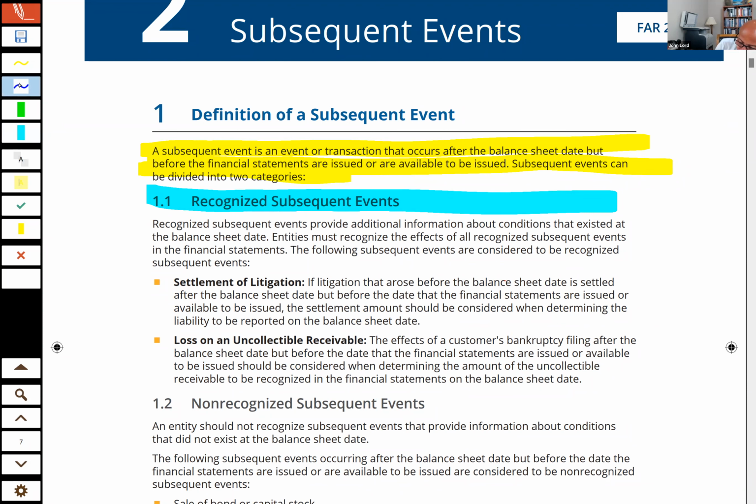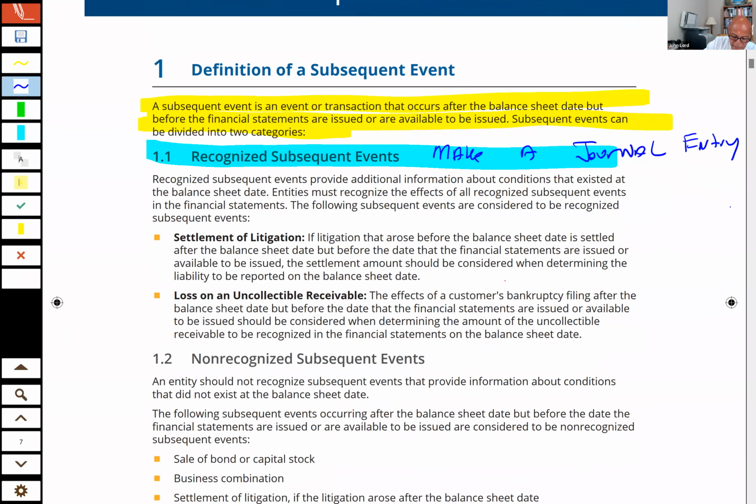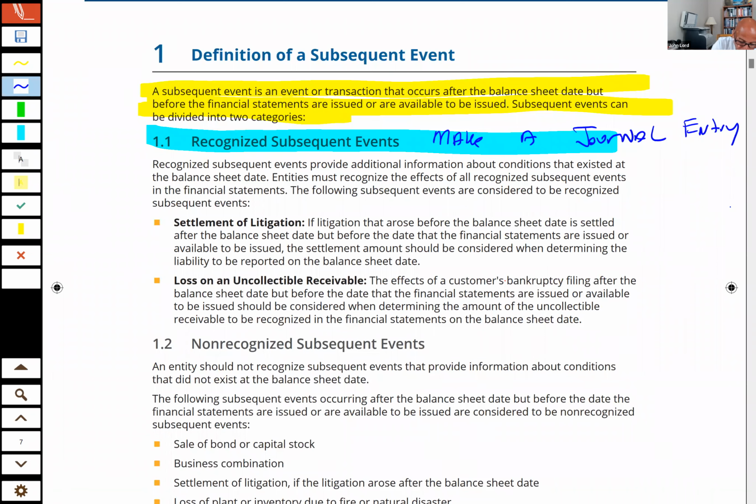Recognized subsequent event means that we will make a journal entry. We will recognize it. We will make a journal entry to affect the financial statements. And then there are non-recognized subsequent events, and you can put no journal entry, but what?